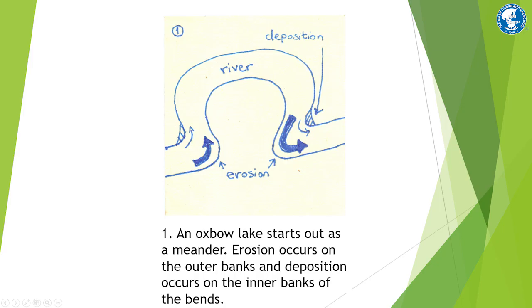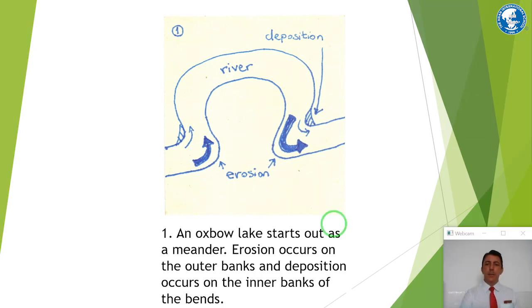So now we'll look at the oxbow lake step by step again, with some more diagrams that I drew. So number one, the oxbow lake starts out as a meander. Erosion occurs on the outer banks and deposition occurs on the inner banks of the bend.